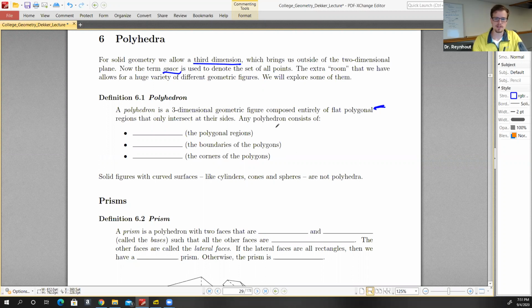So any polyhedron consists of faces, which are the polygonal regions, and then the boundaries of the polygons are the edges, and the corners of the polygons are vertices.